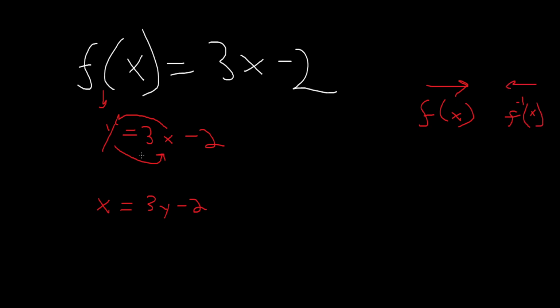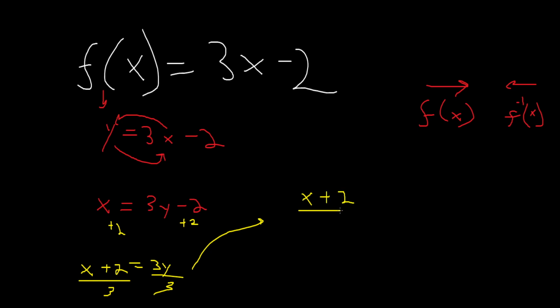Now that we've switched things around, we are just going to solve for y. We're going to add 2 to both sides, so plus 2, plus 2. So we have x plus 2 equals 3y. If this is starting to look familiar, it should, because it's what we had earlier. Then we just divide by 3 on both sides, and remember, you divide everything when you divide. So x plus 2 over 3 equals y.